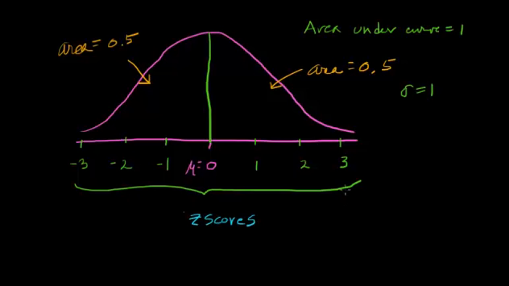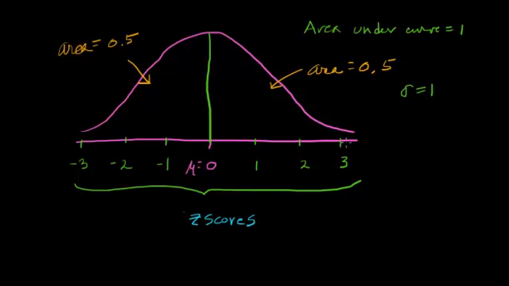So remember that z-scores tell how many standard deviations a particular value is above or below the mean. So the mean has a z-score of 0 because it is 0 standard deviations above or below itself, right? So the z-scores are located along the horizontal axis.